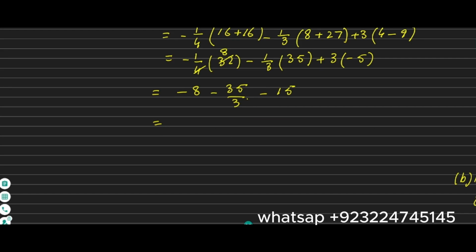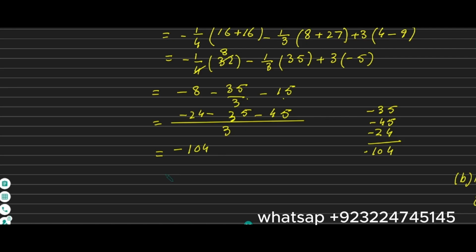When we solve it, when we multiply 3, 24 minus 20, 35 minus 53, 45. So we get the area as 104 by 3. This is our solution.